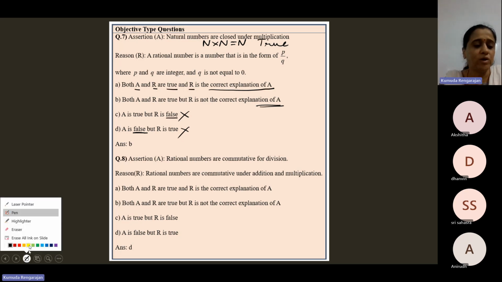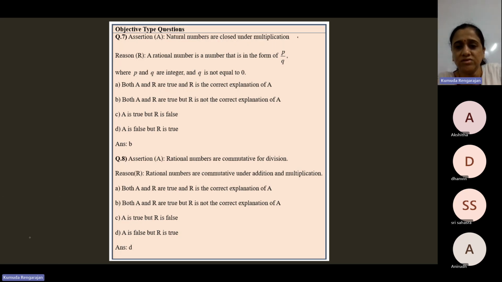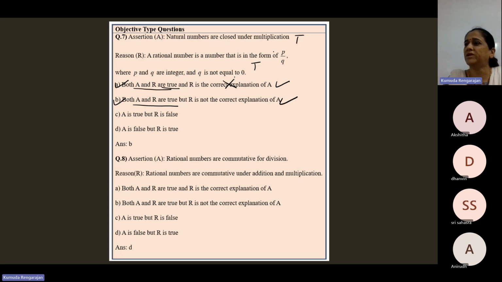So we have to select one of these two options, because only in these two options we have both A and R true. And this is wrong because the reason is not the correct explanation of A. They are talking about two different things. So this is the correct option. B is the correct option.